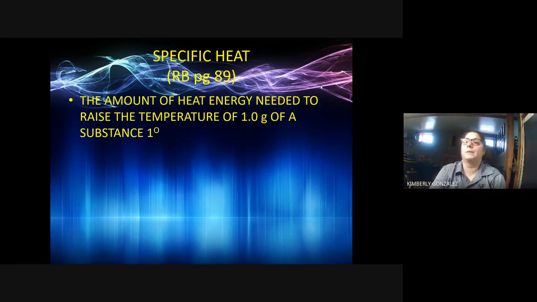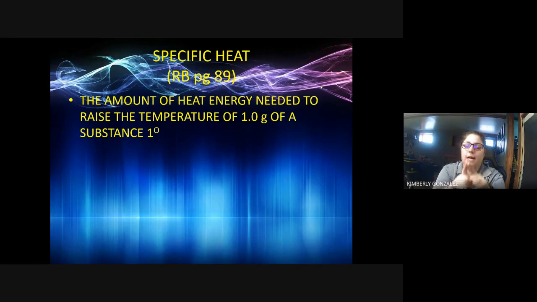All right, so specific heat is the amount of heat energy needed to raise the temperature of 1 gram of a substance by 1 degree.